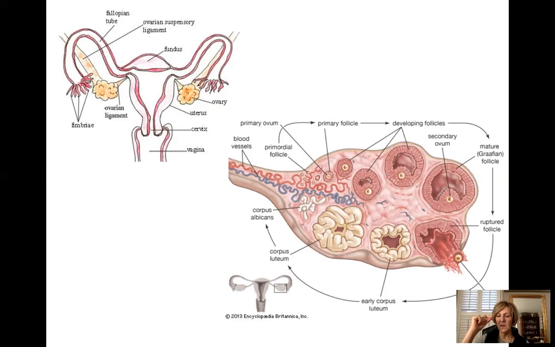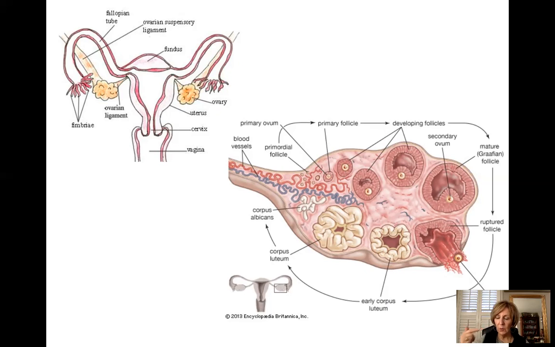And then it arrests, and then it continues during puberty of a particular follicle that then ruptures during ovulation. So that would happen during puberty.